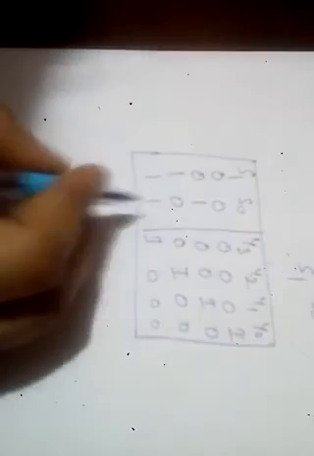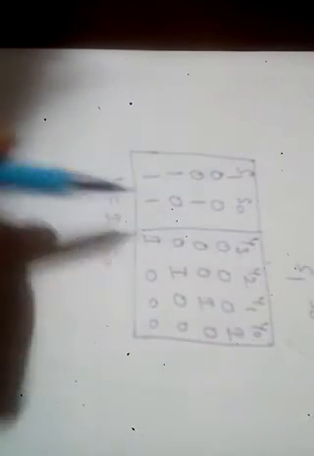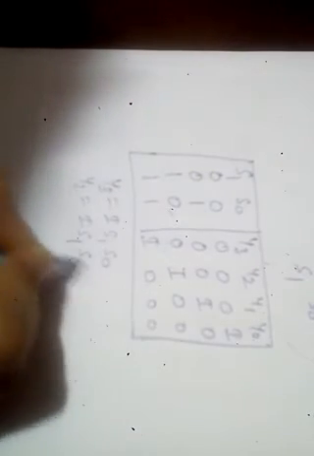So y3 is equal to I, S1 and S0. y2 is equal to I, S1 and S0 bar, y1 is equal to I, S1 bar, S0, and y0 is equal to I, S1 bar and S0 bar.